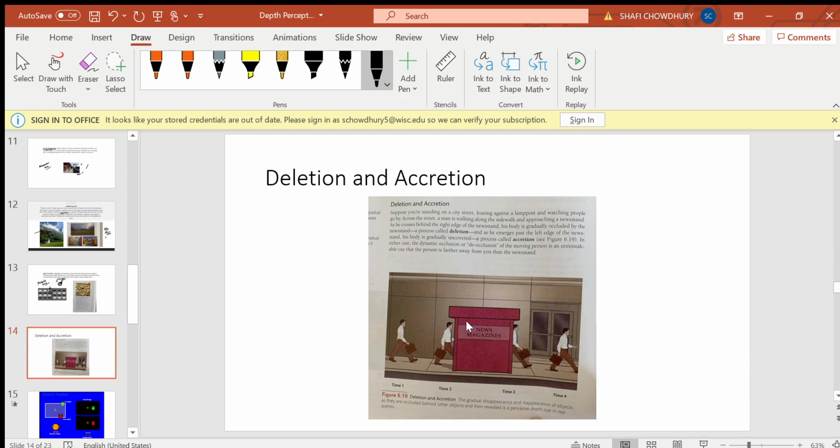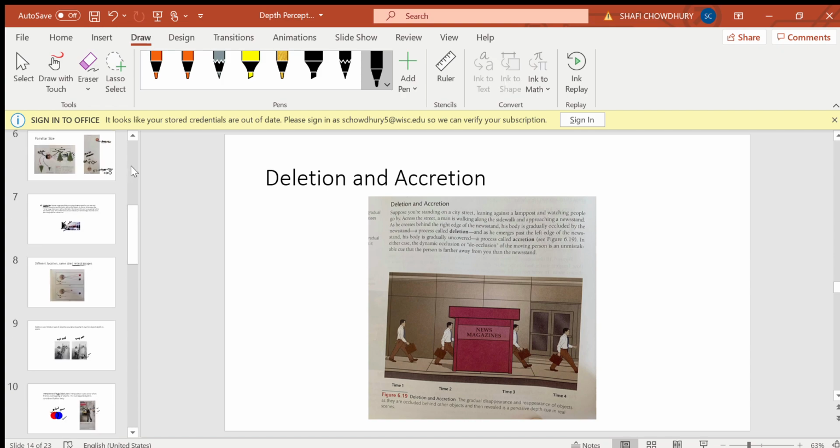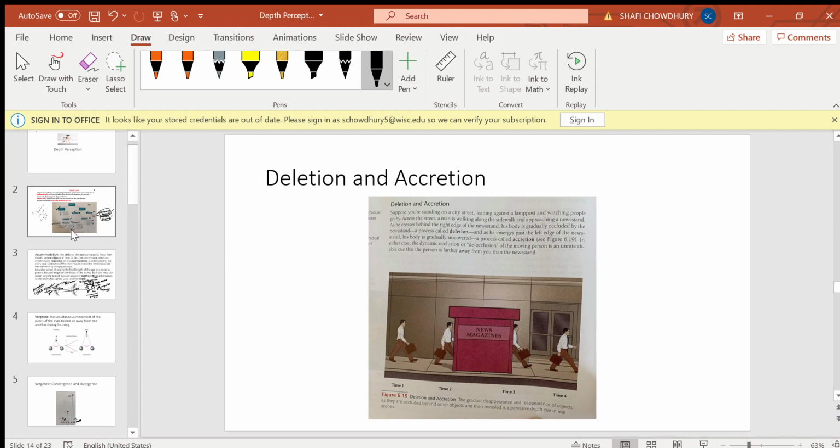Okay, so all those I talked about are monocular, retinal, pictorial cues, and static. Now you know that there are three more cues. Those are motion cues.